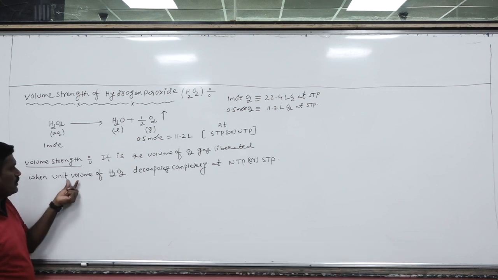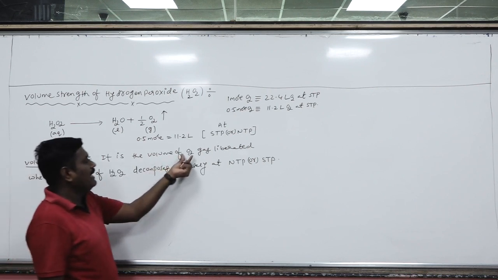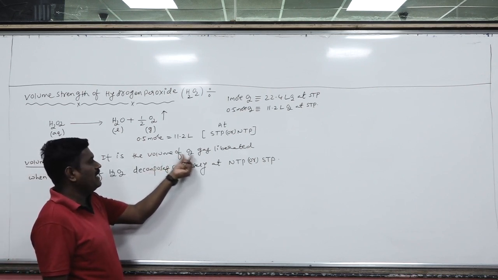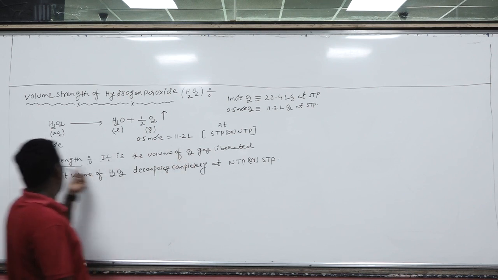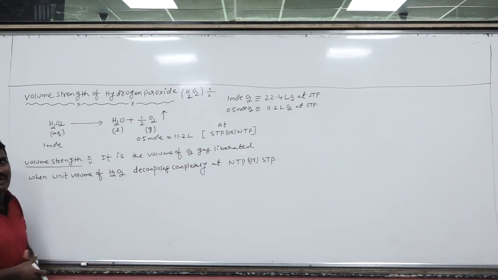From 1 liter H2O2 or from 1 milliliter of H2O2, how many liters or milliliters of oxygen are liberated at STP or NTP is referred to as the volume strength of the hydrogen peroxide.